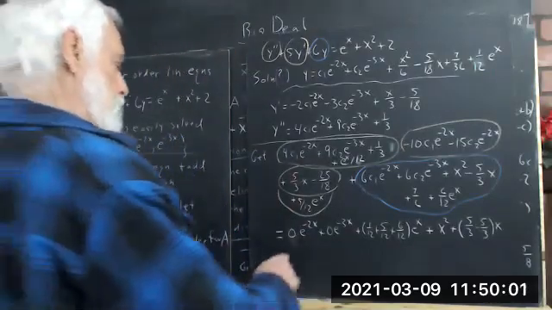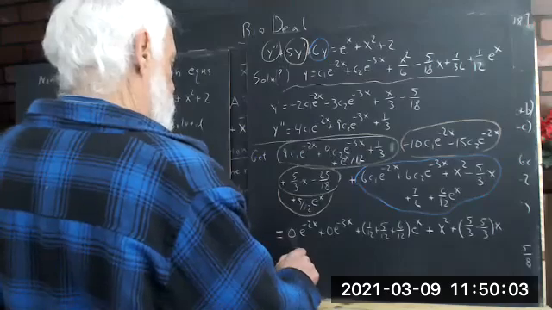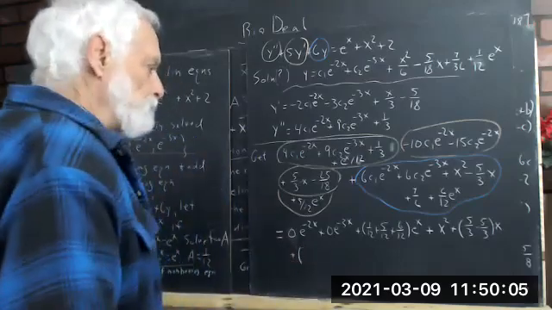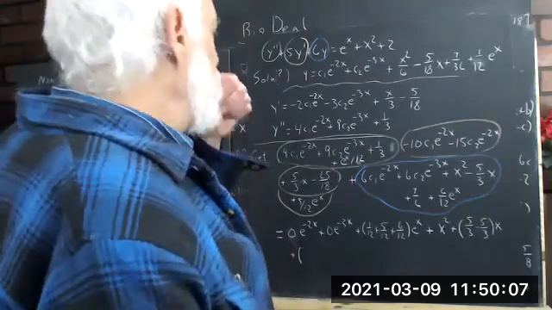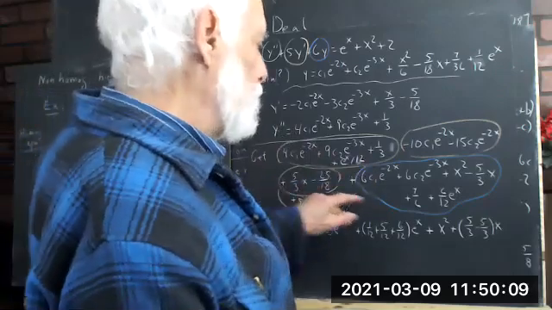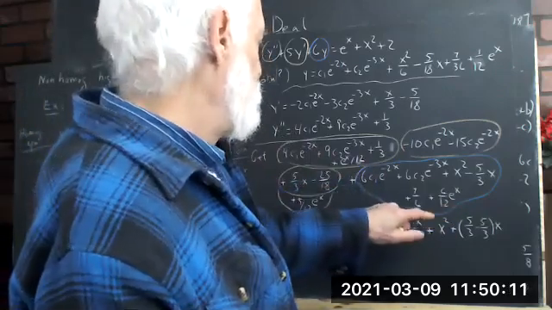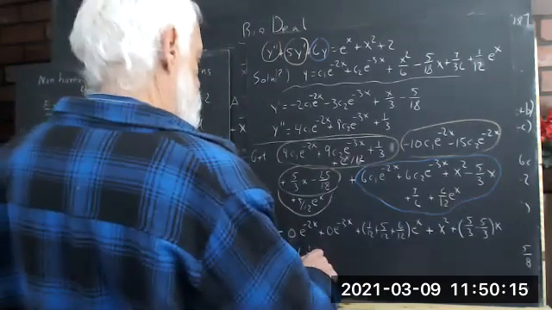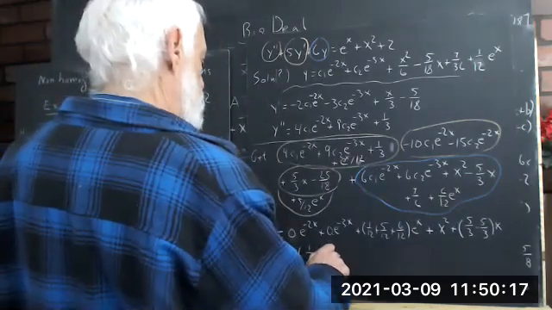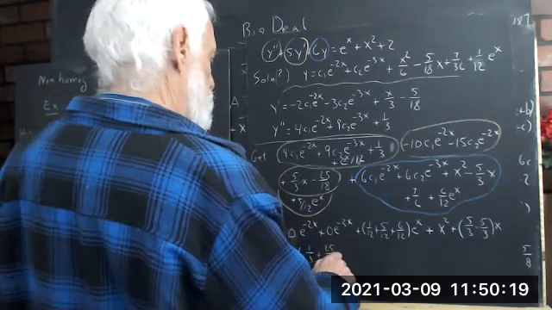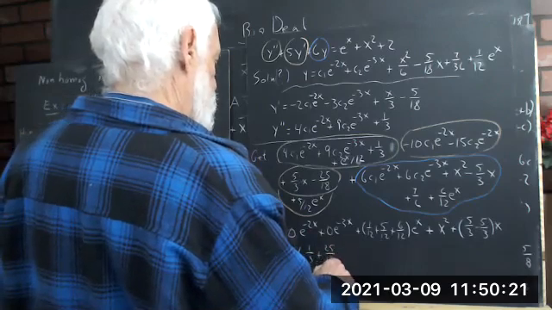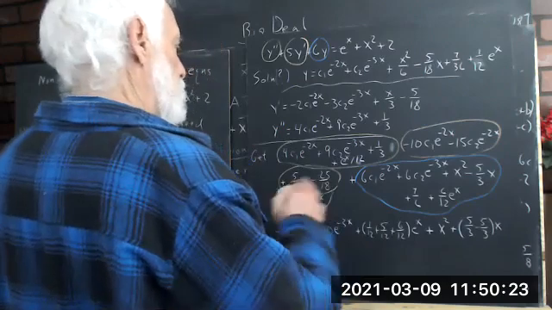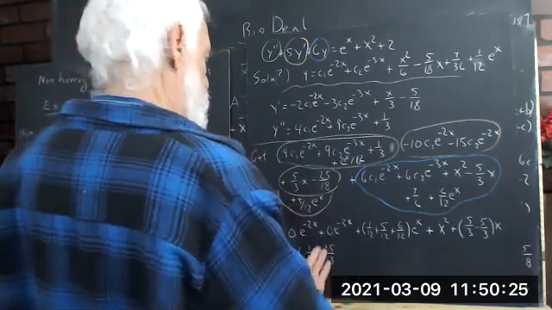And then we have plus the quantity 1/3 minus 25/18 plus 7/6. I think that's minus 25/18. Where are we? Yeah.